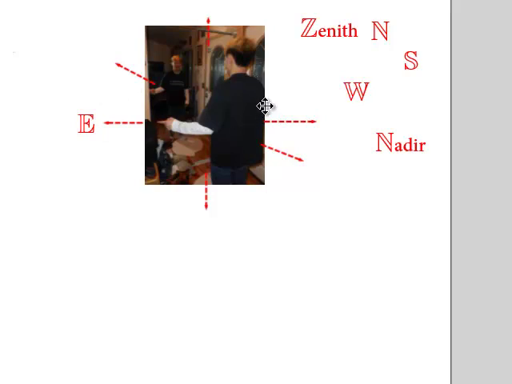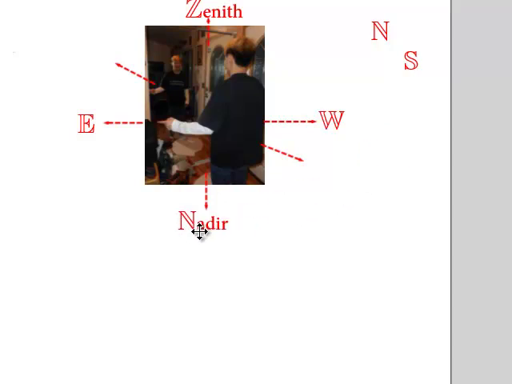Now, the arm on the other side that you don't see here is on the west side. Notice that the arm in his mirror image is also on the west side. All right. Notice that his head points towards the zenith, while his feet point towards the nadir. So everything is peachy. The reflection doesn't do anything. It doesn't change anything. But then again, it actually does.